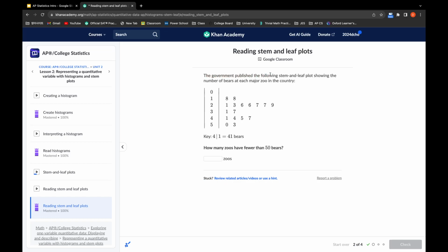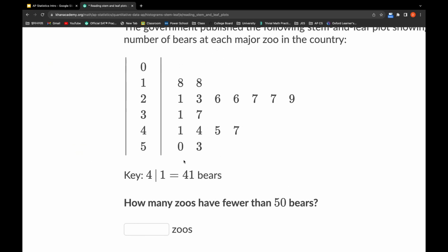This one says the government published the following stem and leaf plot showing the number of bears at each major zoo in the country. This time also we have the tens digit for the stem and the ones digit for the leaf. It says, how many zoos have fewer than 50 bears? If we read the question carefully, we can make sure that 50 should not be included in our answer.